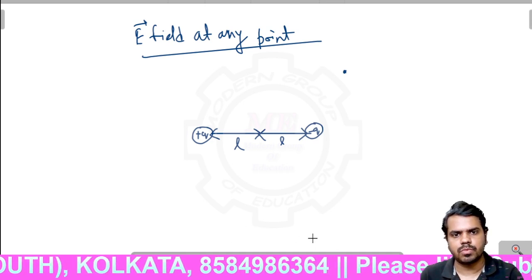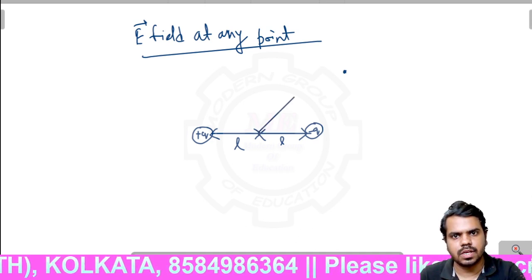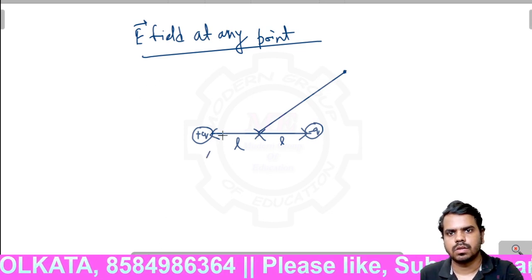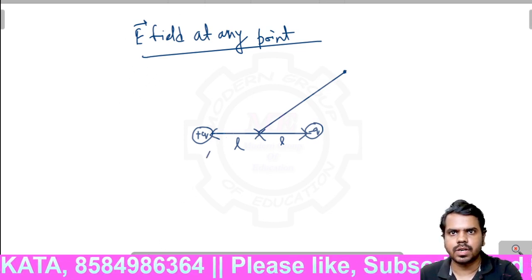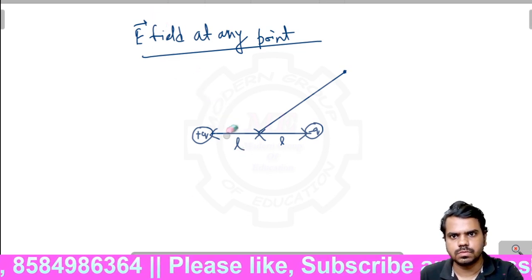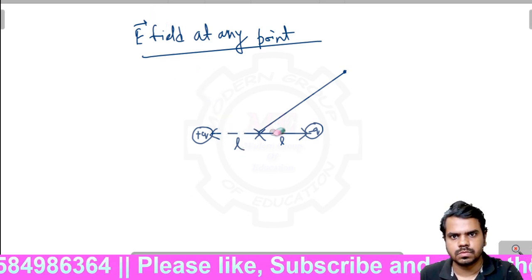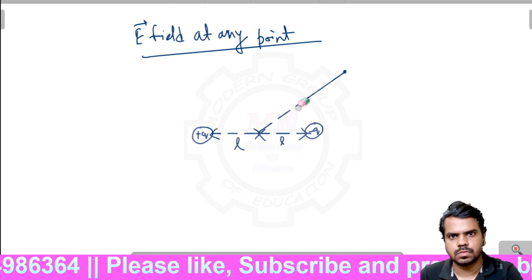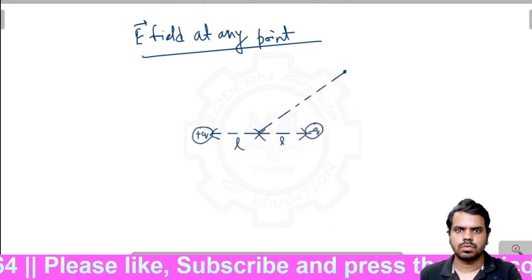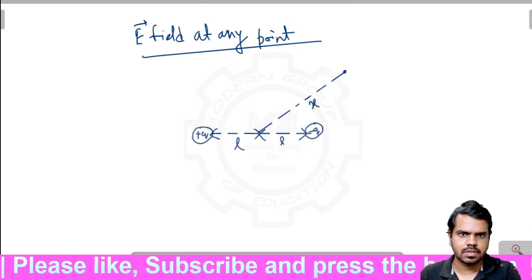Now you have to join this with the center point. These are all dotted lines. These are not the field lines. Okay. So this distance is x.